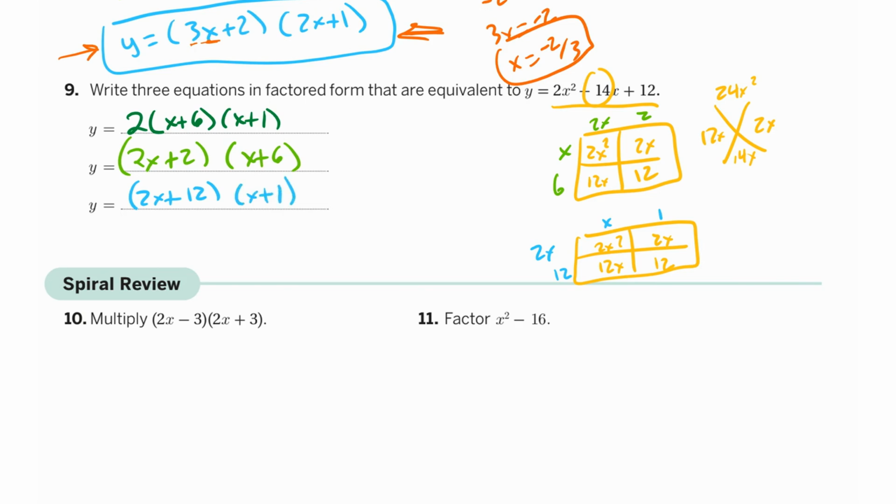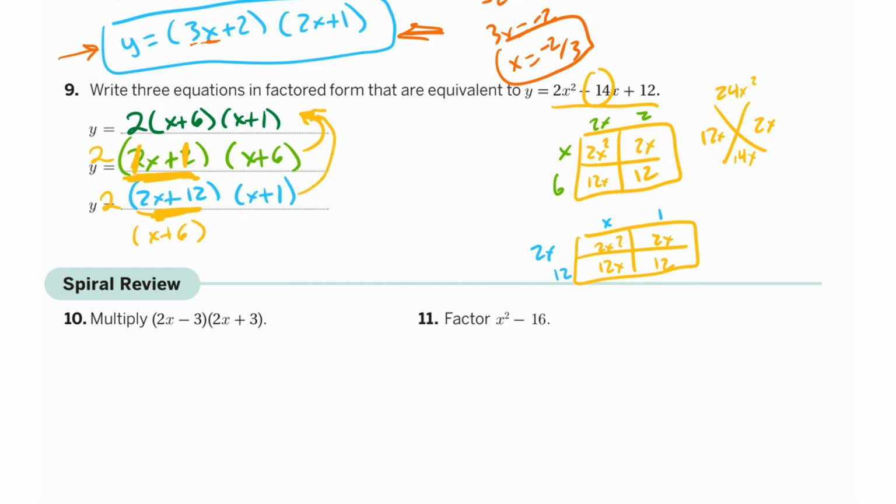The last thing I'm going to show you is the reason that all three of these are the same. If I did this box first and then did the greatest common factor afterwards, for example right here, I see the greatest common factor would be 2. I'd pull the 2 out here, which would make this x and this 1, and now it matches this one up here. Greatest common factor here would be 2 also, which would make this just x plus 6 and x plus 1, which would be the same as what we started with up here.